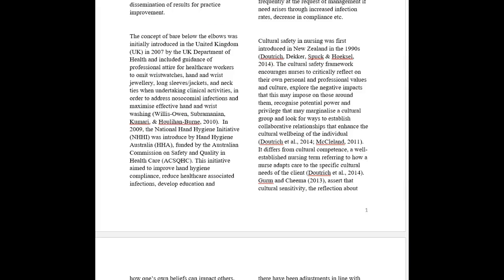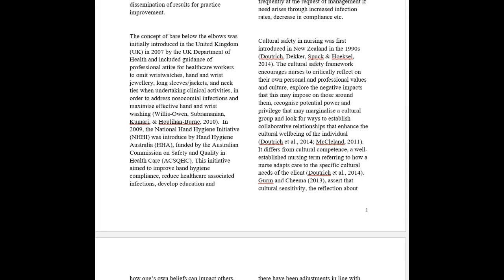So what you're being asked to do is design a clinical audit, and this student does a very good job in that. Now, the student introduces what bare below the elbow means, so it's going into a definition which you can see from here in the second section here, which is really, really good.